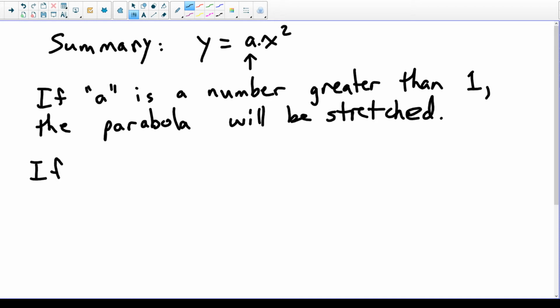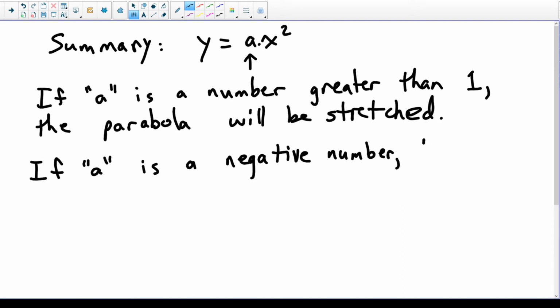If a is a negative number, the parabola will be upside down.